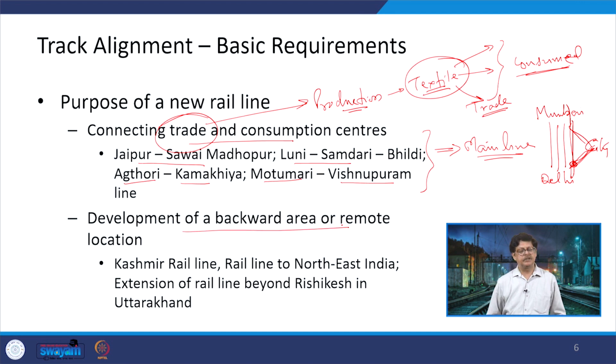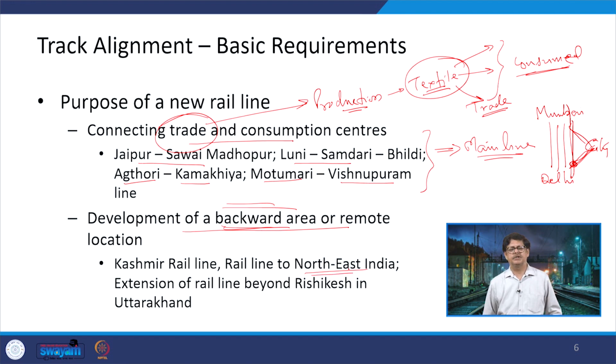Development of the backward area or the remote location. Again, the point comes that first of all you need to identify what those backward areas are, where the various things which people have otherwise observed in a city environment have not reached. Say, I have taken an example previously of northeast India.